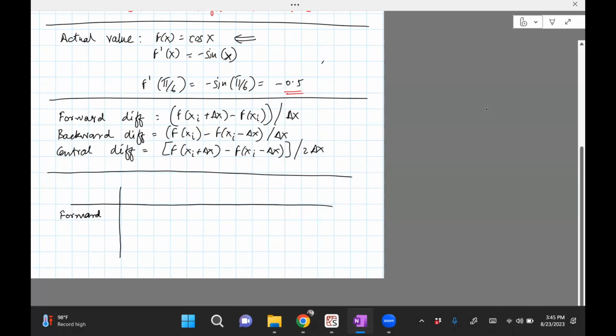Forward, backward, central. Delta x equals 1e negative 2: 0.5042 minus, 0.4956 minus, 0.4999.